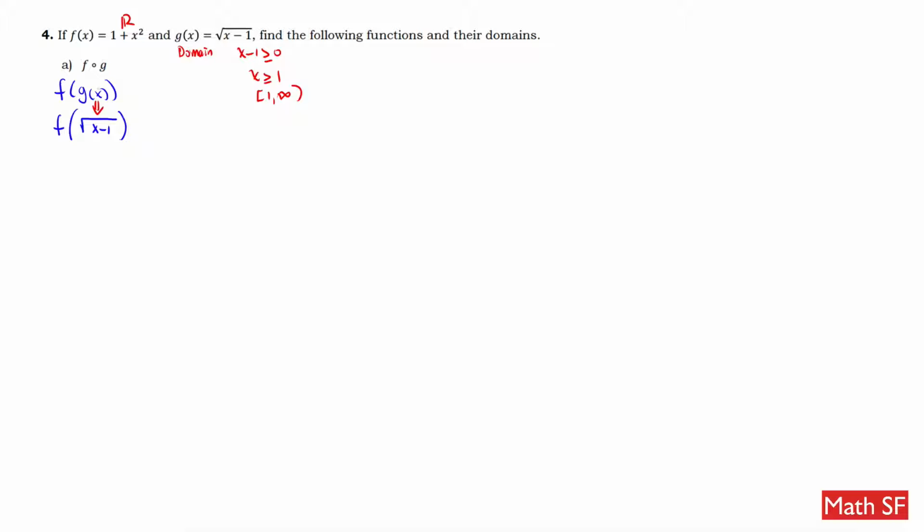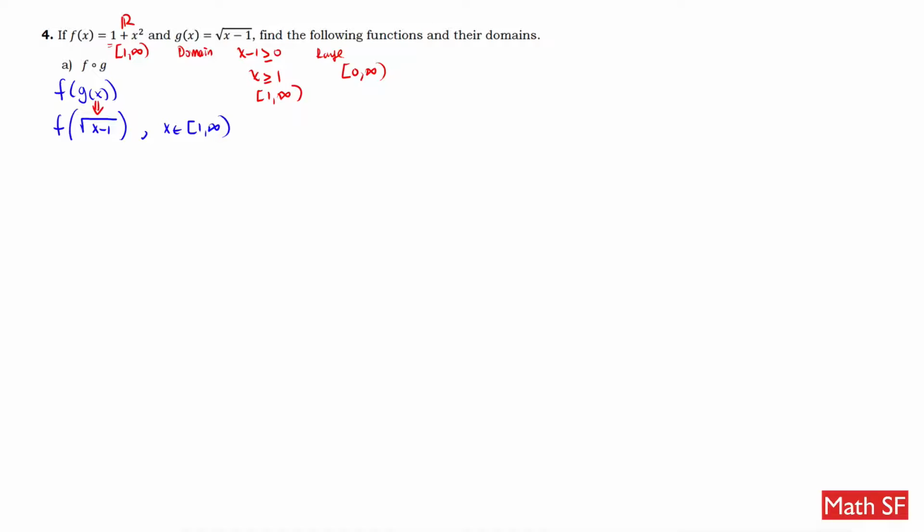So your input of g of x is just x minus 1, keeping in mind that x belongs to 1 to infinity. Okay, so let's keep going here. The range for this guy is going to be from 0 to infinity. And the range for the quadratic, because it's a parabola shifted up one, is going to be from 1 to infinity. Just keep that in mind.